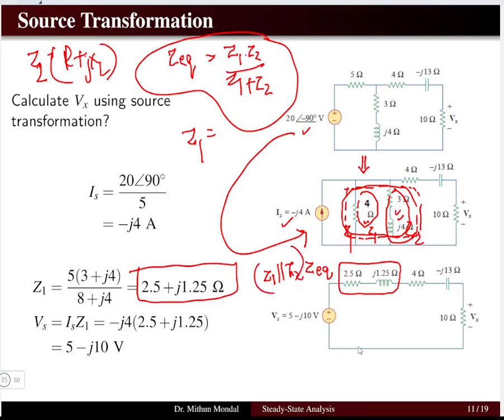Now, if I want to convert this current source into a voltage source, I will use the concept of current to voltage conversion.